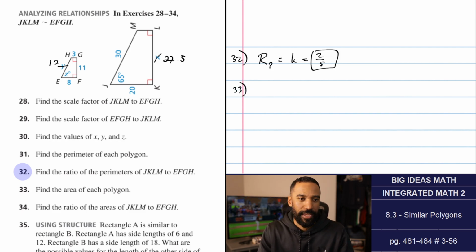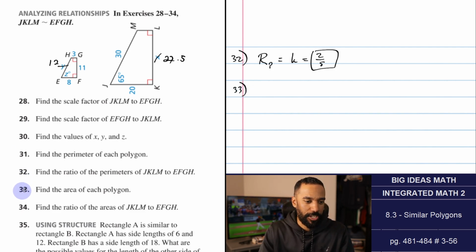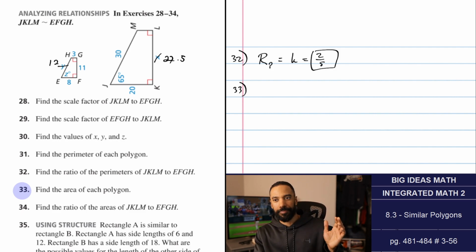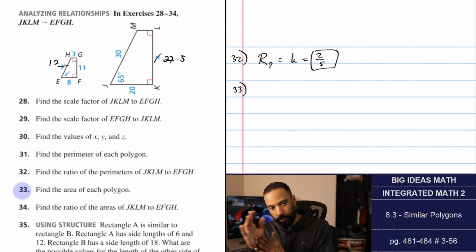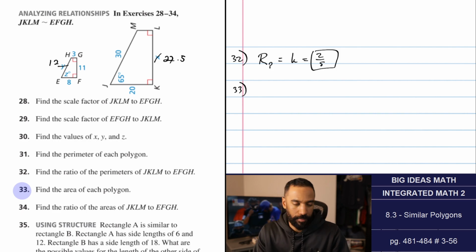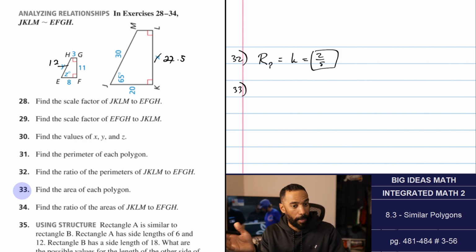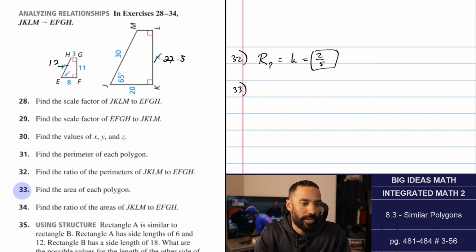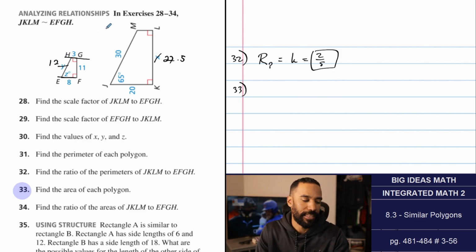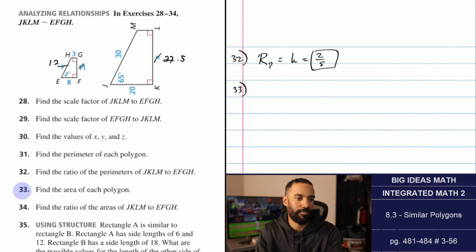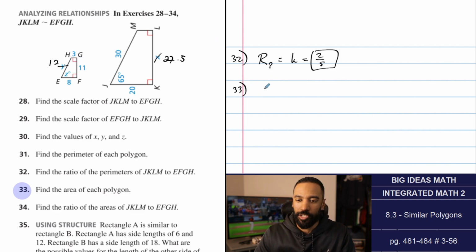Number 33, find the area of each polygon. I'm trying to look at the things. These are both trapezoids. And for the area of a trapezoid, you average your bases and multiply by the height. The height is the distance between your two parallel parts here. So I'm going to do the area of EFGH.